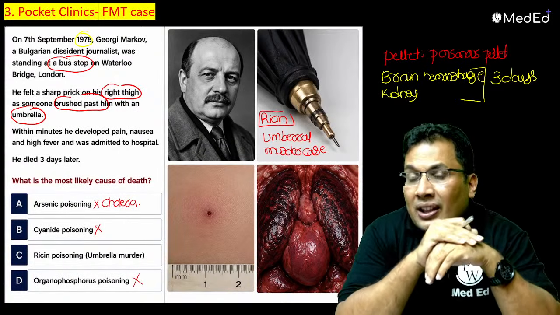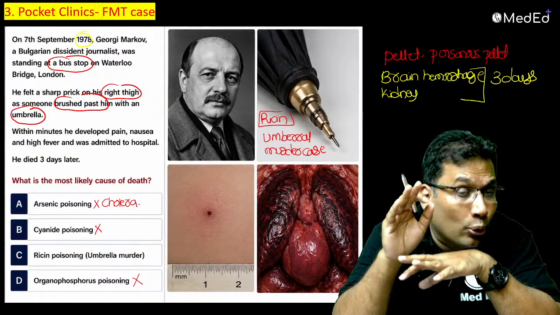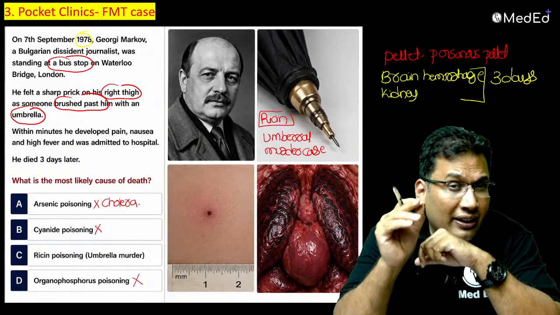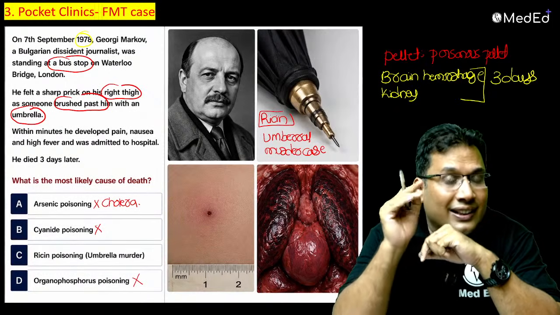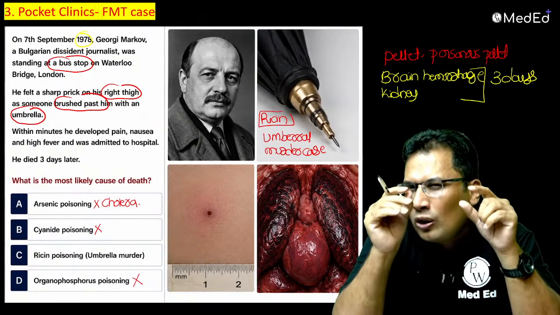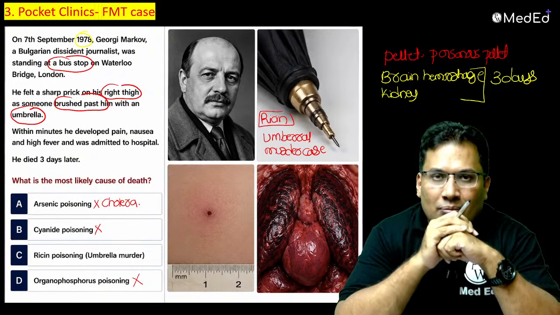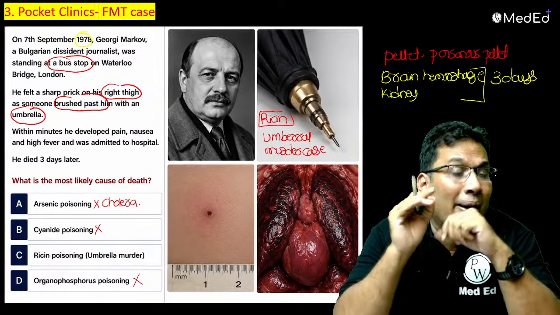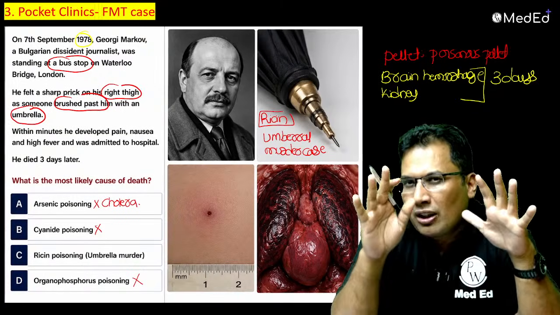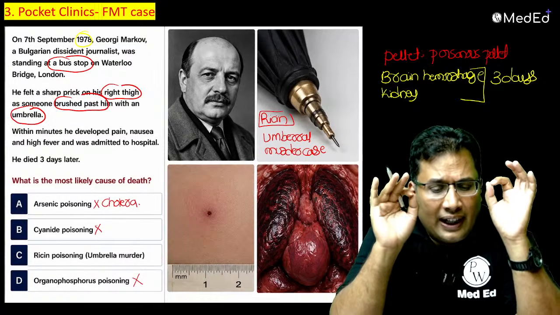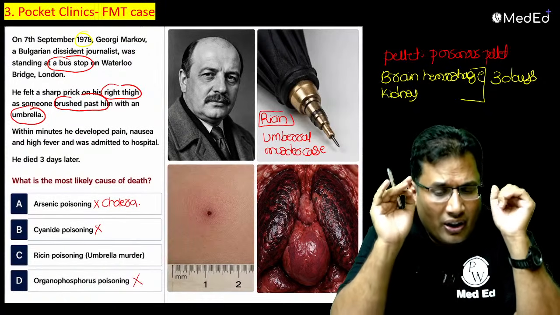It also inhibits RNA polymerase, inhibits protein synthesis, and causes cell death. The fatal dose is around 9 to 10 seeds, or a very small amount of ricin, which is an agent of bioterrorism, a class B agent of bioterrorism. The postmortem findings are totally non-specific. So the answer is ricin, umbrella murder case.